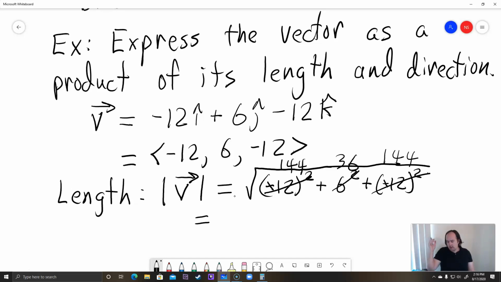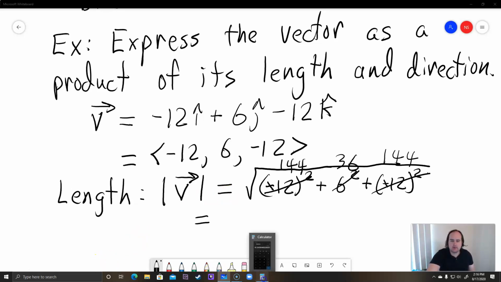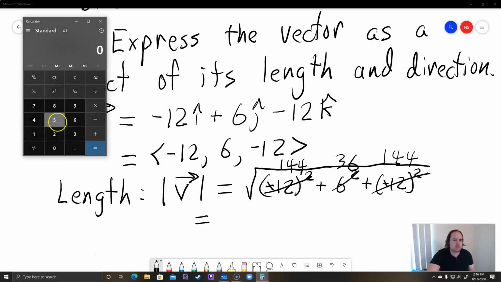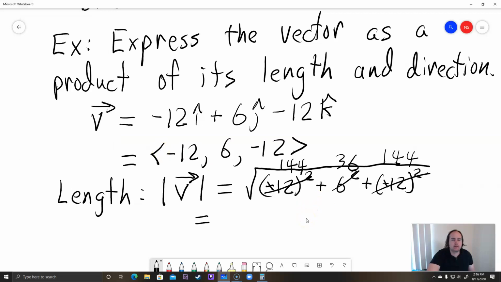Okay? And then let's see. If you can't do this in your head, you can do it on a calculator. It's not that difficult, but still, it's probably easier to just type it in. So 144 plus 36 plus 144 gives us 324. Okay, so the length is the square root of 324.